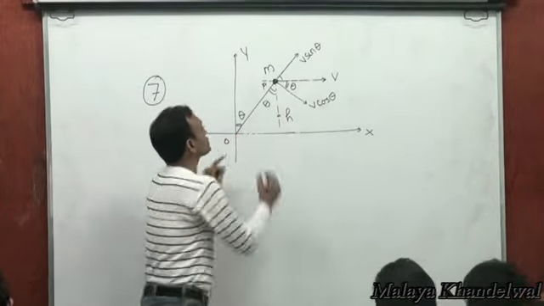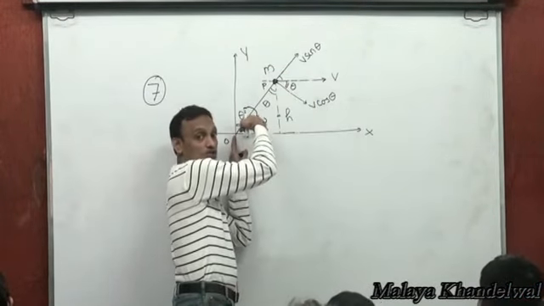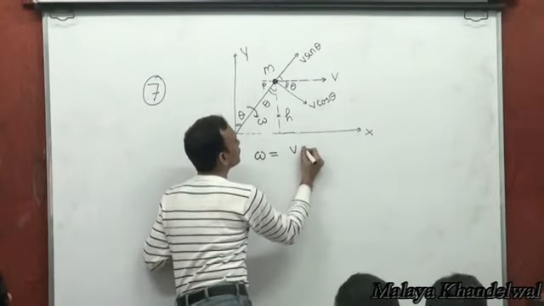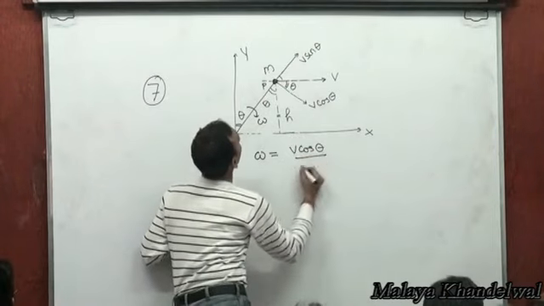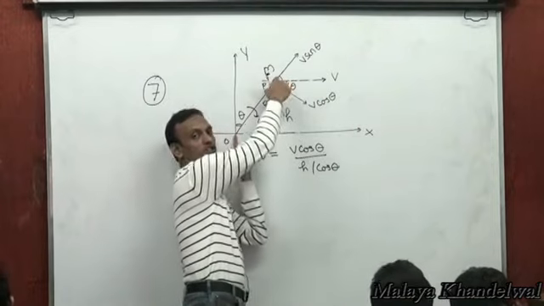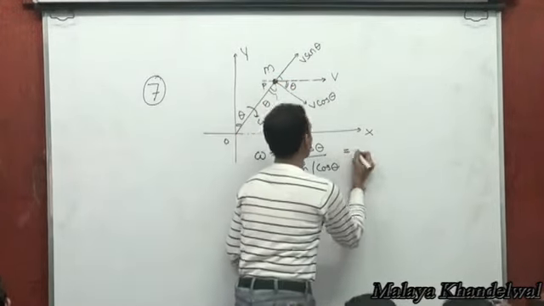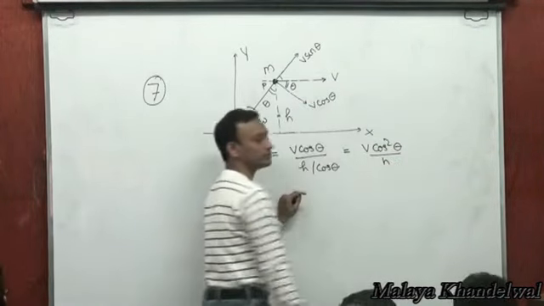Now V cos theta is responsible for omega, isn't it? The perpendicular component is responsible for omega. So omega is V cos theta divided by the length OP, which is h by cos theta. So which is like V cos square theta by h. Let's see omega.